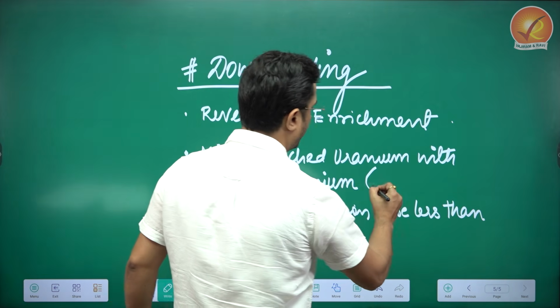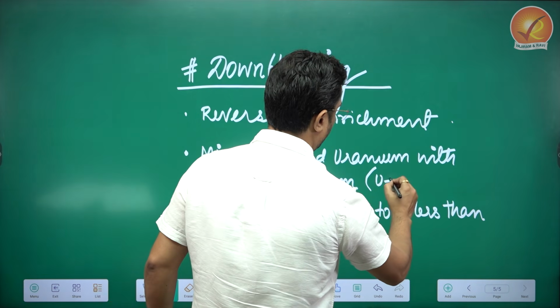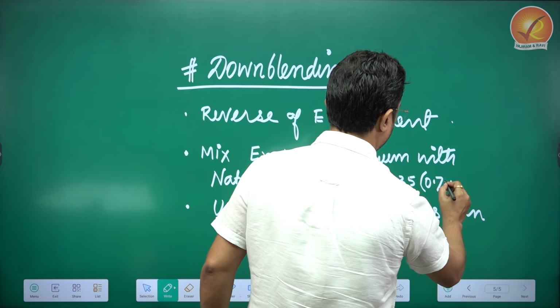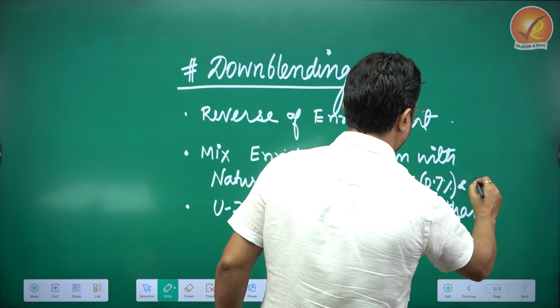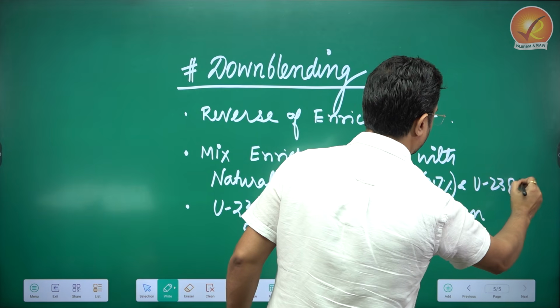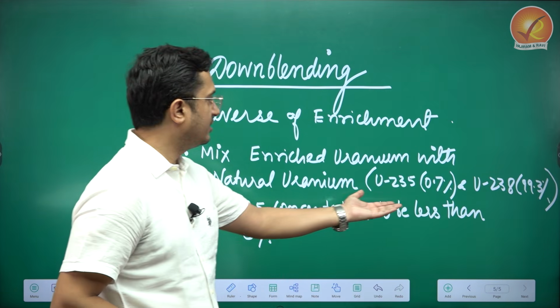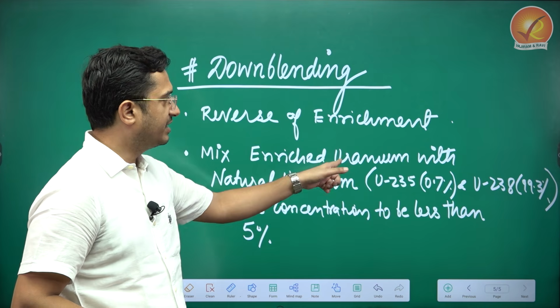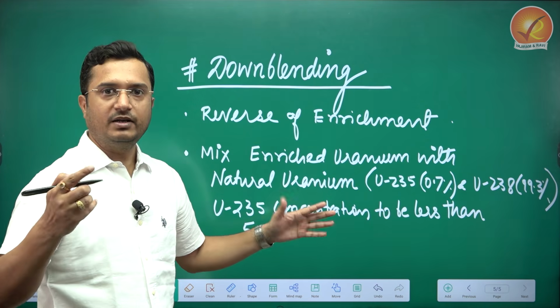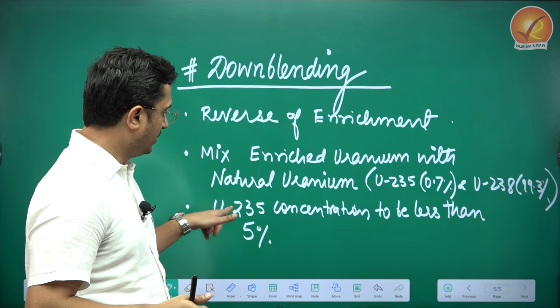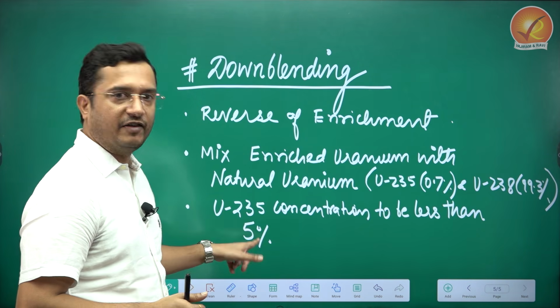Natural uranium means uranium 235 is only 0.7% and uranium 238 is 99.3%. So it would change the concentrations. The final target is that they want to bring down the concentration of uranium 235 to less than 5%.